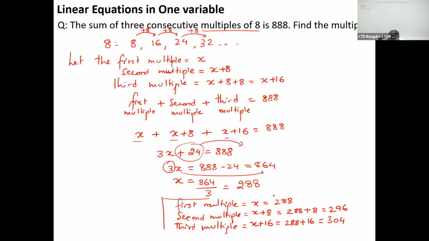So this is your answer. So this is how we solve these questions which have the consecutive concept, where we are talking about consecutive numbers, consecutive even numbers, consecutive odd numbers, or multiples of any other number.